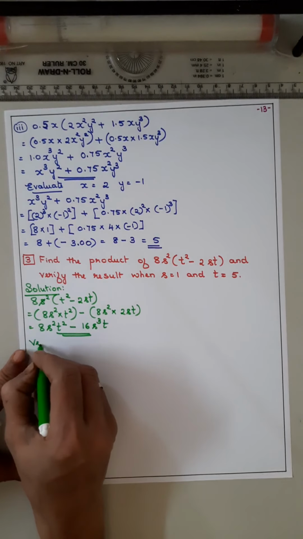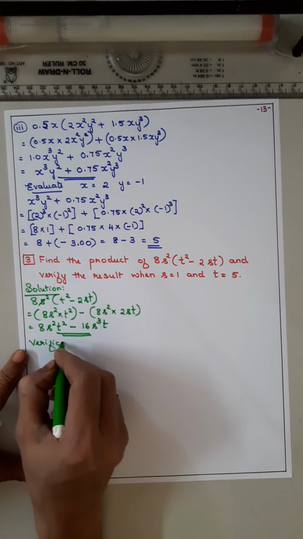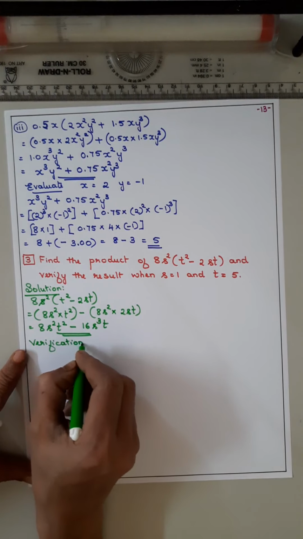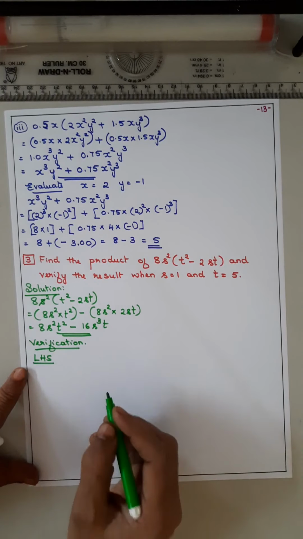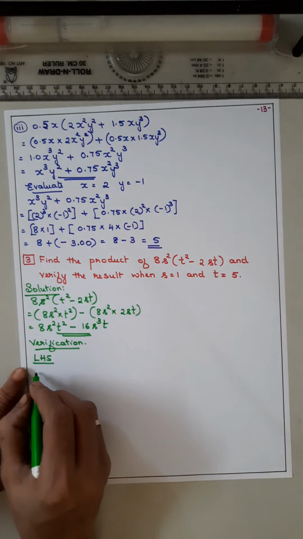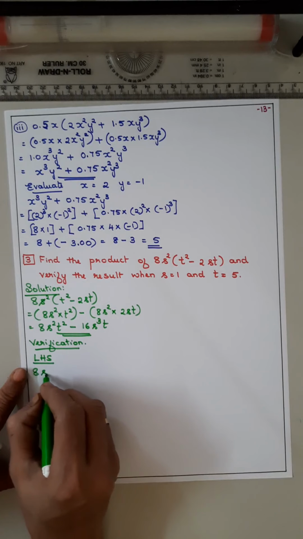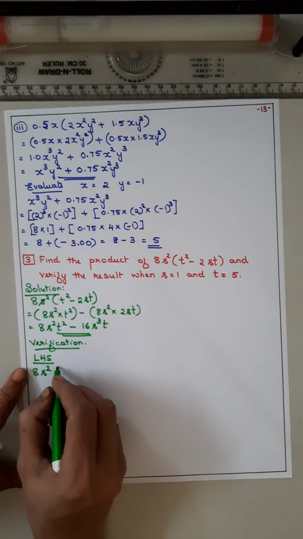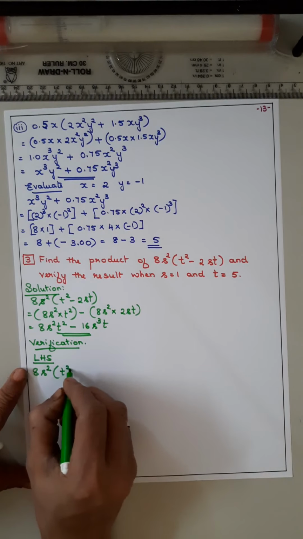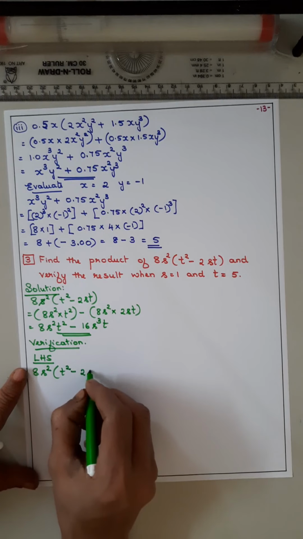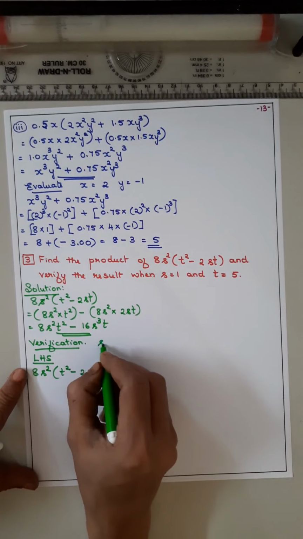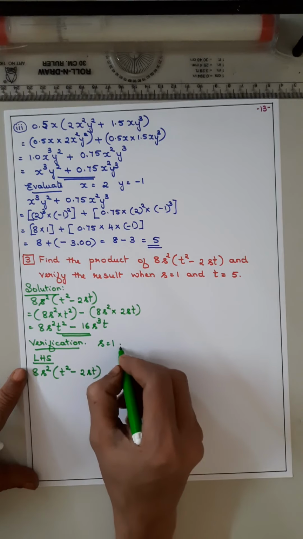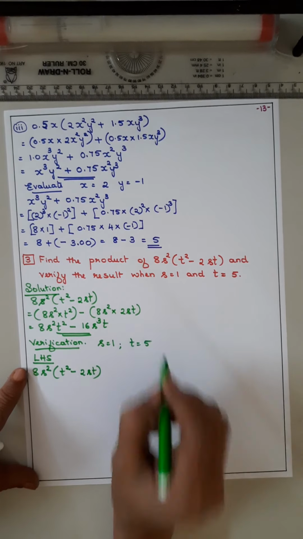Now verification. So for verification, what we have to do? LHS, RHS. LHS, the question, main question, what is it? 8s squared, bracket open, t squared minus 2st. So for verification, s is equal to 1 and t is equal to 5.